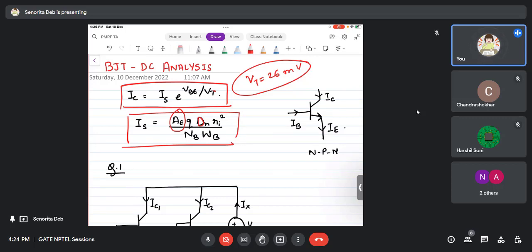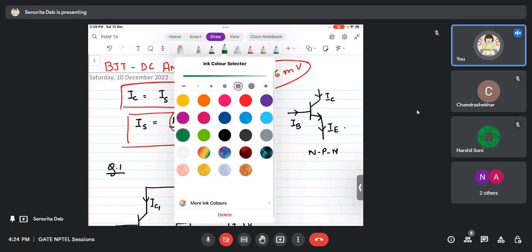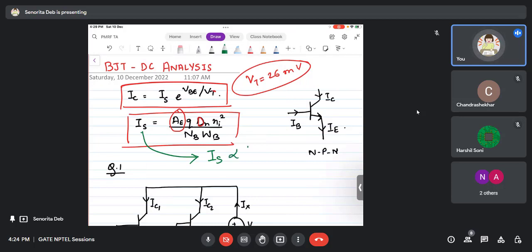Normally, if they want to make it a kind of trick question, they will use the relation of saturation current with either AE or NB or WB. Mainly they will use the IS relationship with emitter area or base doping and width.